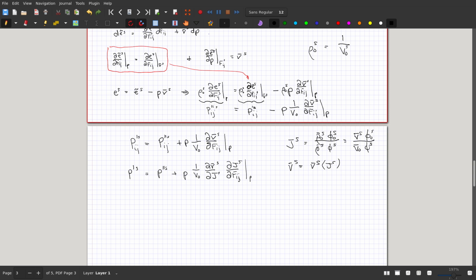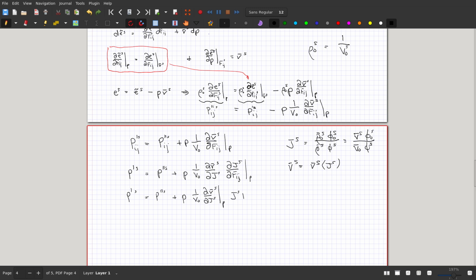This is the partial derivative of the determinant of F with respect to F, and that thing equals J of S F Ji, so the transpose inverse.